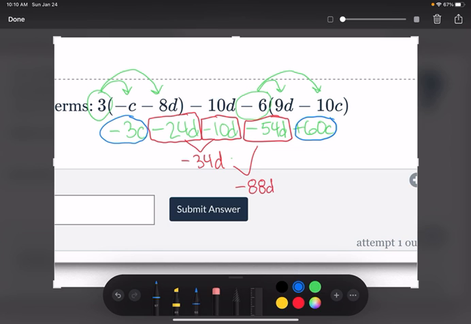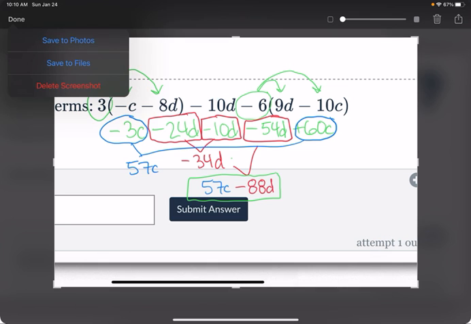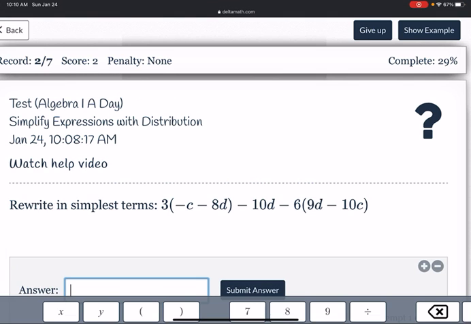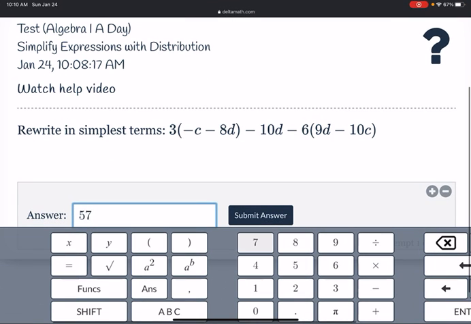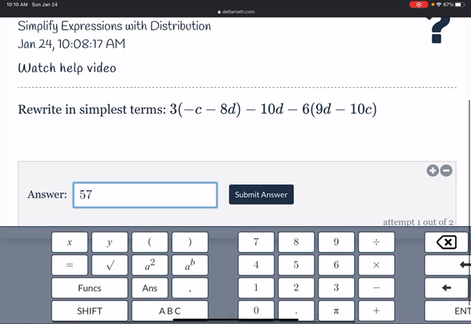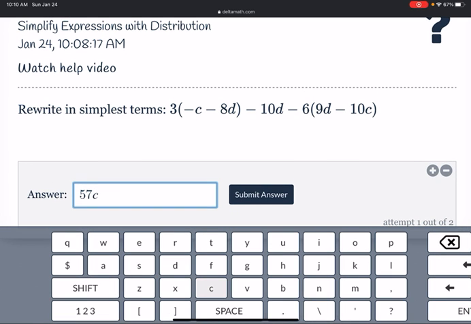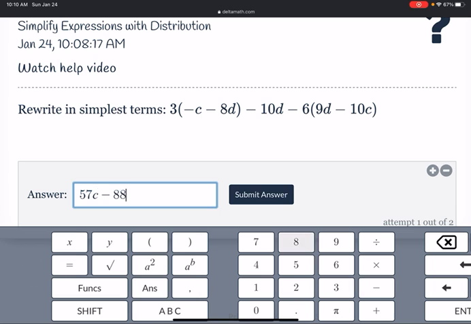And then positive 60 and -3c will give me a positive 57c. So I can write this as 57c minus 88d.